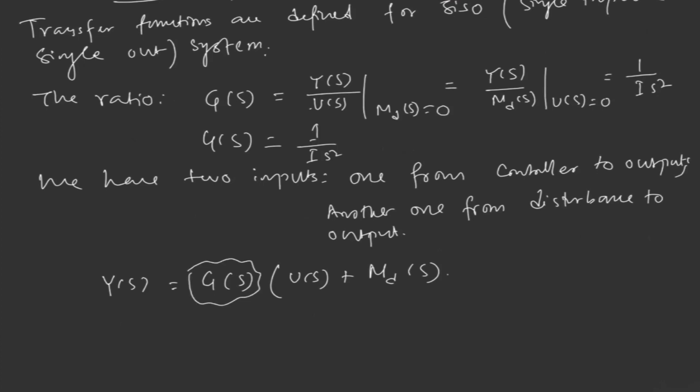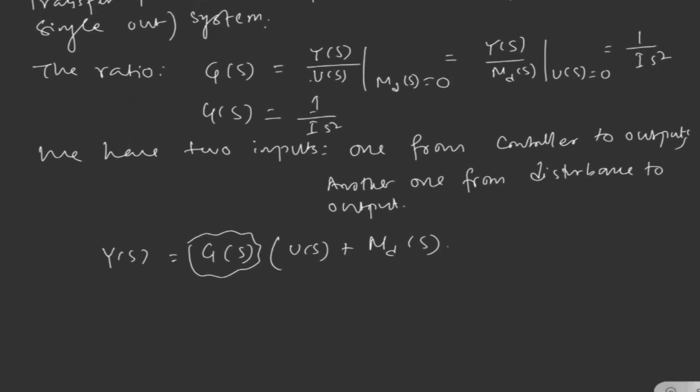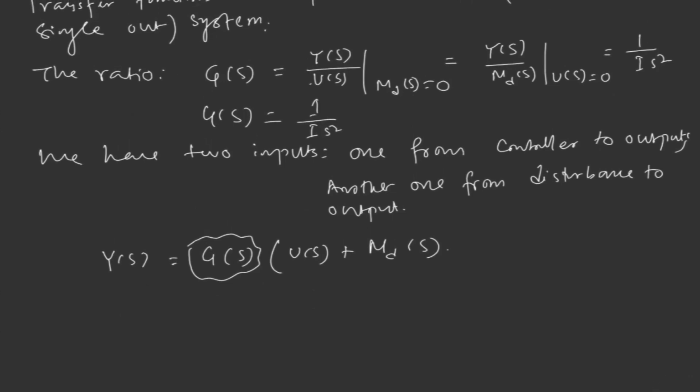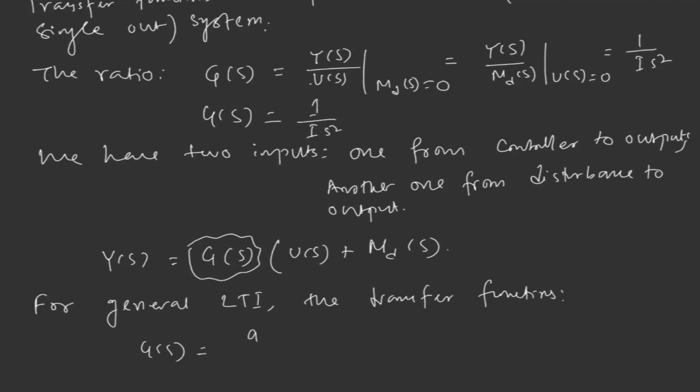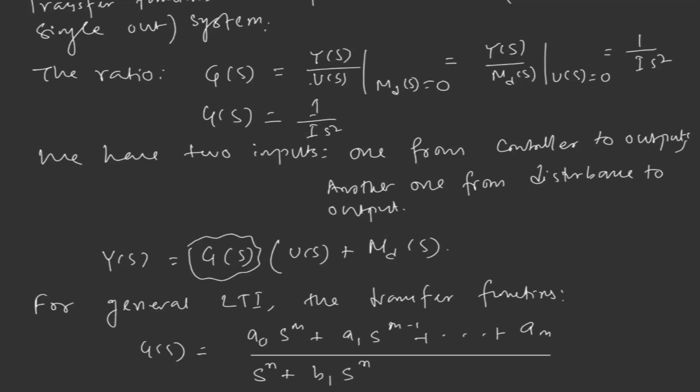So here, this is the basic transfer function for this particular system. But if you have any general system, for example any other LTI system, with one input and one output, this is where the concept of pole and zero comes in. For an LTI system, we can write the transfer function G of s equal to a0 s to the m plus a1 s to the m minus 1 plus dot dot plus am, and we have a polynomial for the denominator, s to the n plus b1 s to the n minus 1 plus dot dot plus bn.